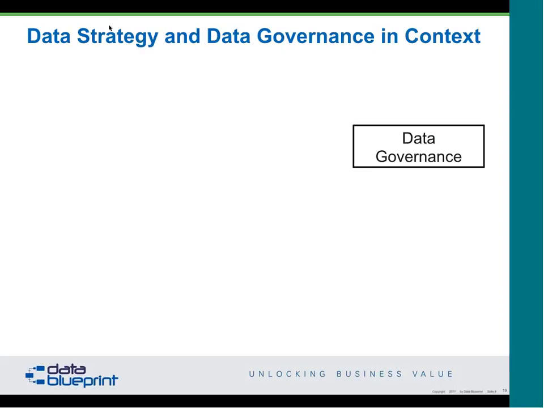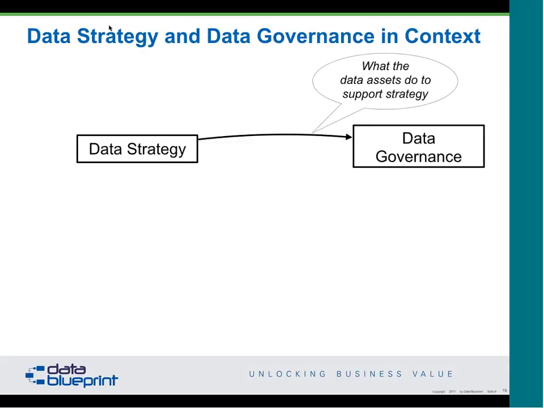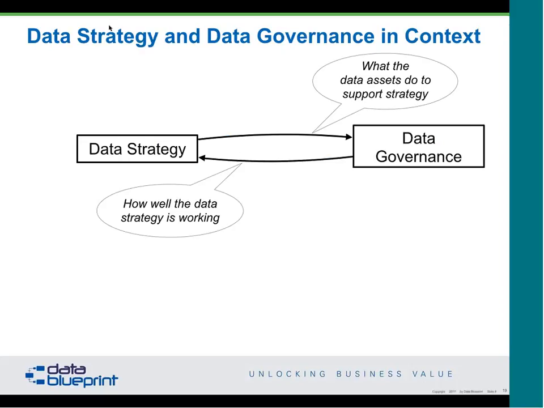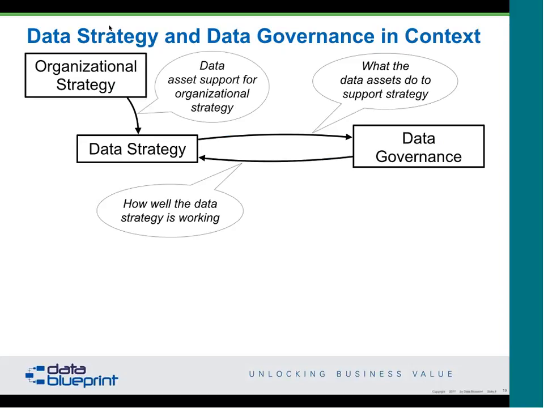The first thing we'd like everybody to understand is that governance has to have a purpose, and that purpose is usually driven by a data strategy, which talks about specific business goals. The governance feedback is then metadata that says how well that strategy is working. Of course, these are just parts of an organizational strategy. Some organizations have 100% of their strategy in data, others have a portion of it.